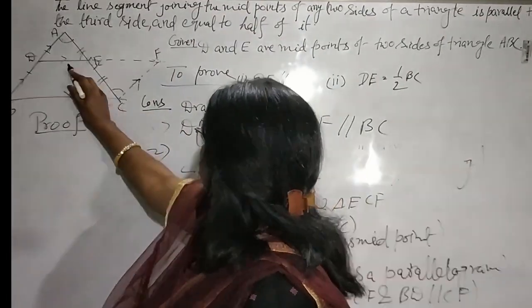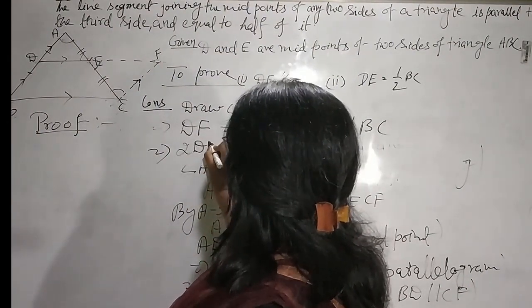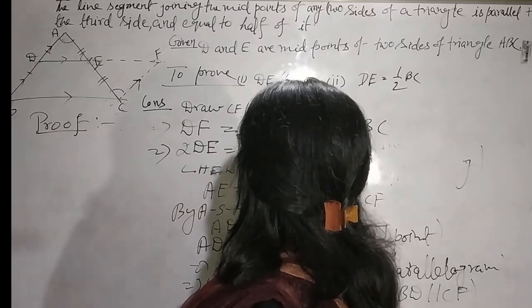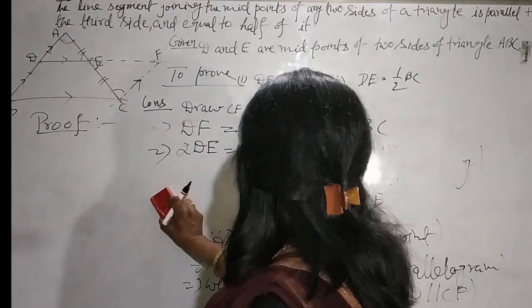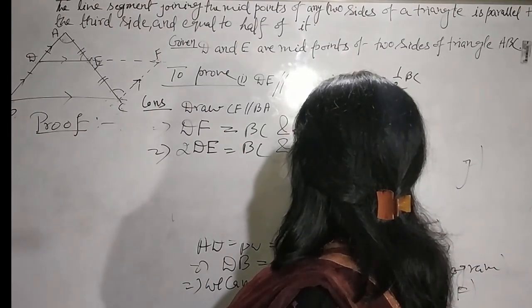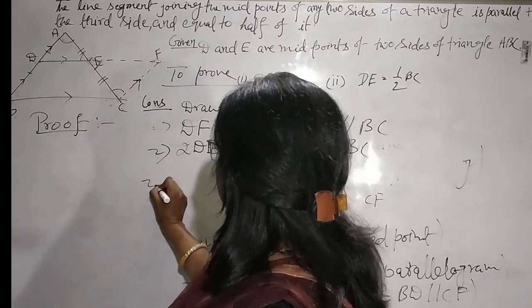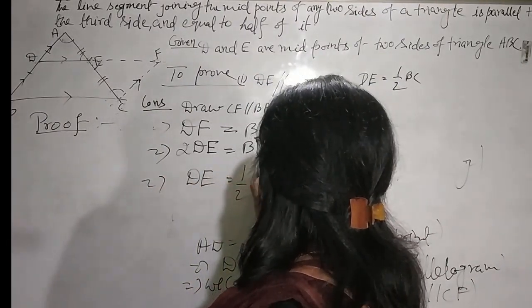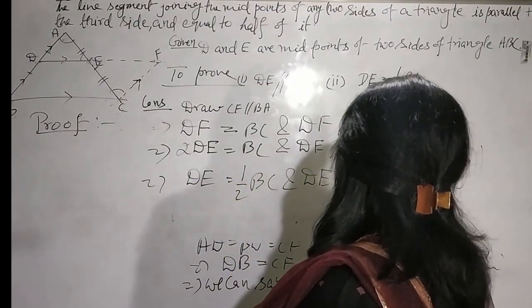So DE is equal to half of BC, and DE is parallel to BC.